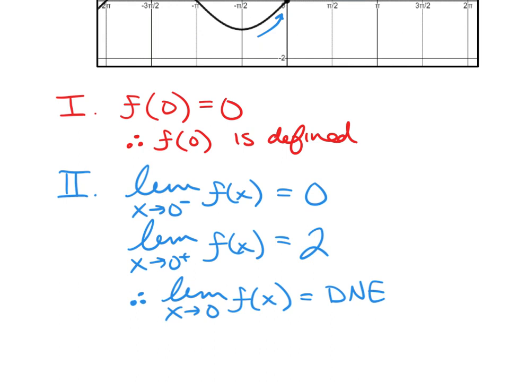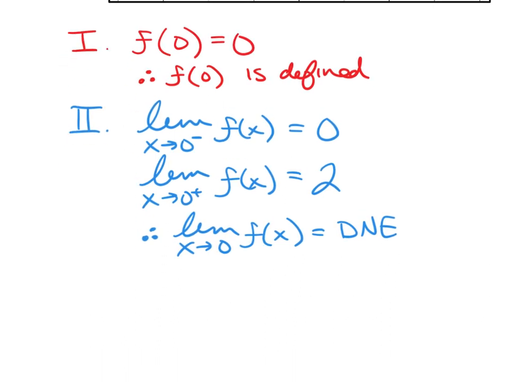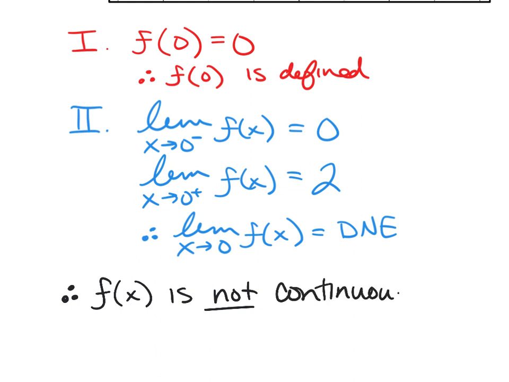And already one of my requirements is broken, correct? Yes. When one of your requirements gets broken, you can just stop. You don't have to keep going because you already know it can't be continuous. If 1, 2, or 3 is not right, you stop and you say, therefore, f of x is not continuous at x equal to 0.